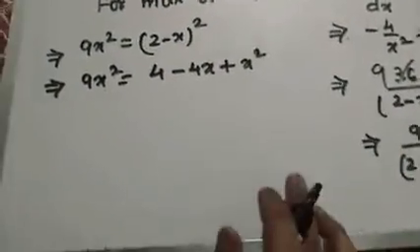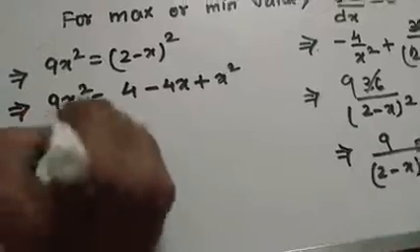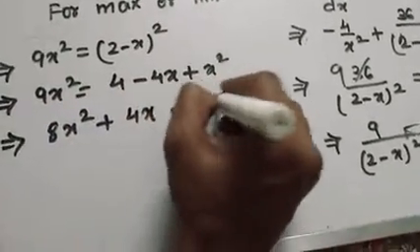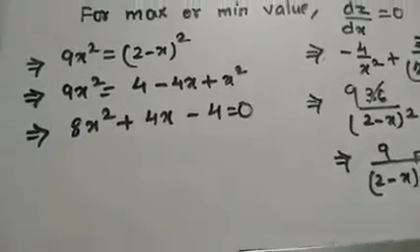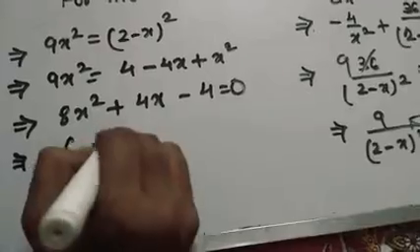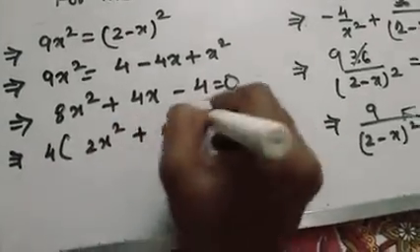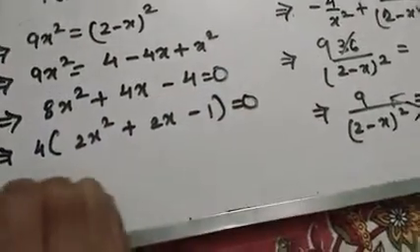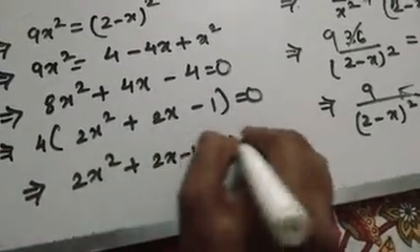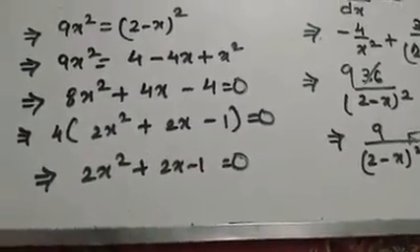Now taking all the terms to one side, that is 8x square plus 4x minus 4 equals 0. Now taking 4 common, that is 2x square plus 2x minus 1 equals 0. So finally 2x square plus 2x minus 1 equals 0. Now we have to do the middle term.